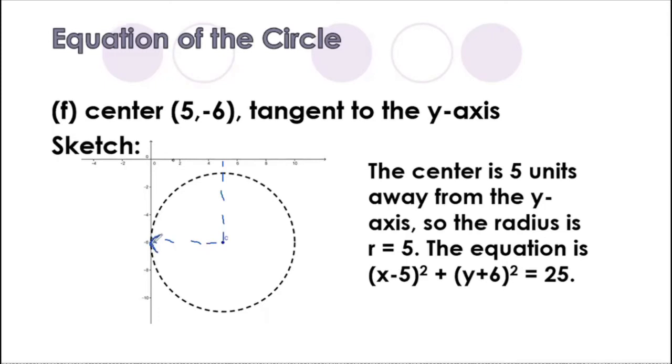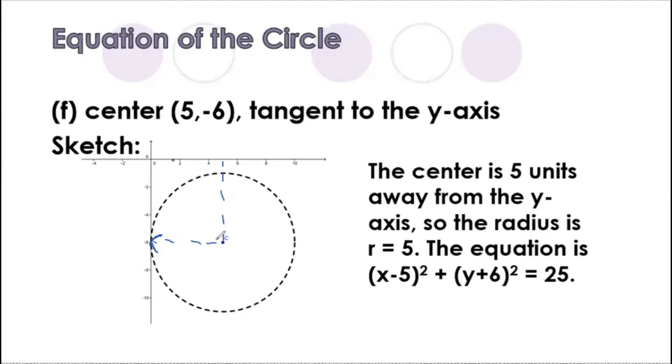Itong part na to. So since meron na tayong sketch, so using the condition, pwede natin makuha yung kanyang R. Ang gawin mo lang mula doon sa center, patungong y-axis na -6, makukuha natin yung units.